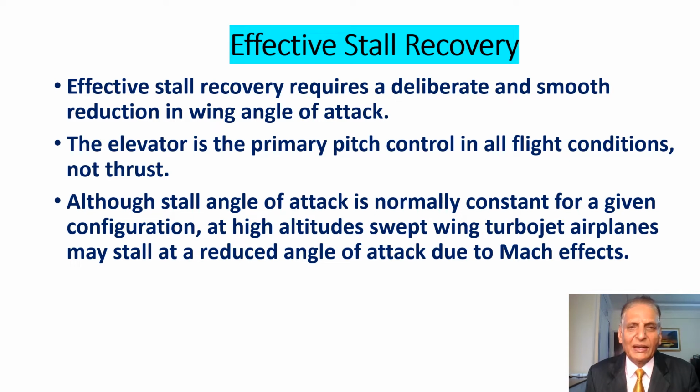The elevator is the primary pitch control in all flight conditions and not thrust. Although stall angle of attack is normally constant for a given configuration, at high altitude, swept wing turbojet airplanes may stall at a reduced angle of attack due to Mach effects.